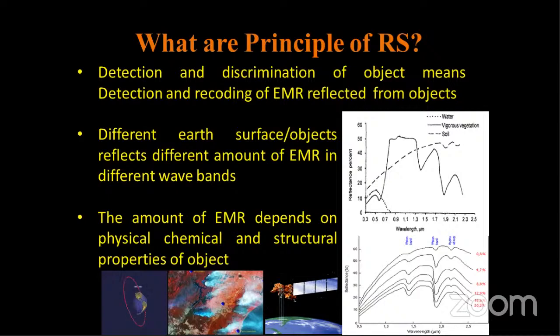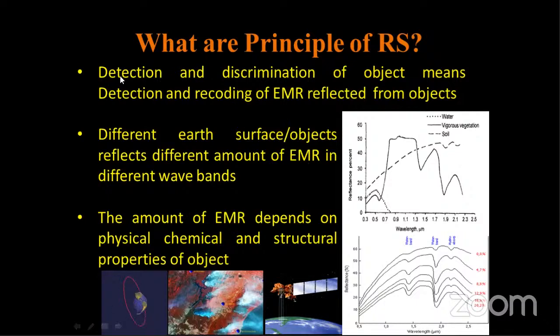One is detection and discrimination of objects, meaning detection and recording of electromagnetic radiation reflected from or emitted from the object. Second, different earth surface objects reflect different amounts of EMR, or electromagnetic radiation, in different wavebands. And the third is that the amount of EMR depends on the physical, chemical, as well as structural properties of the material.